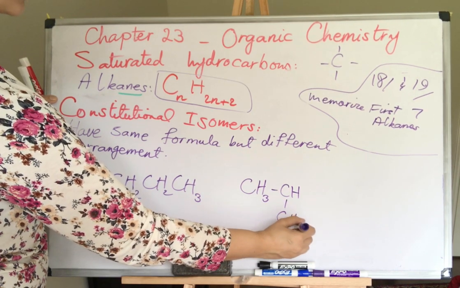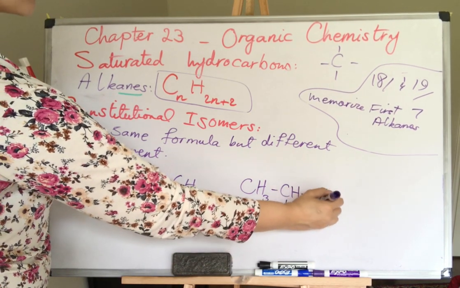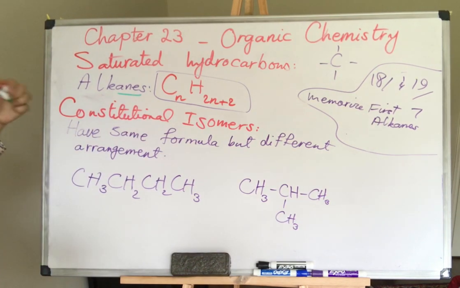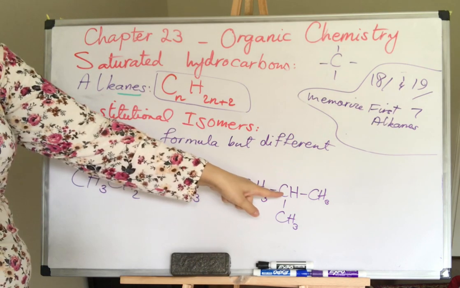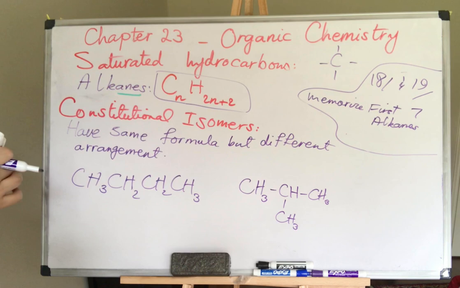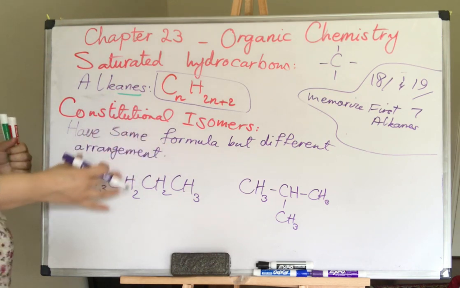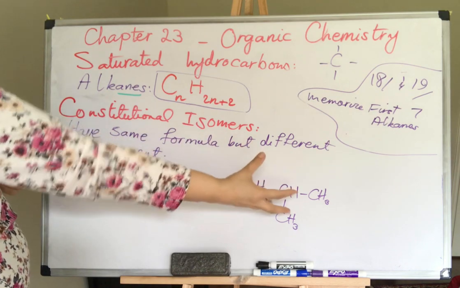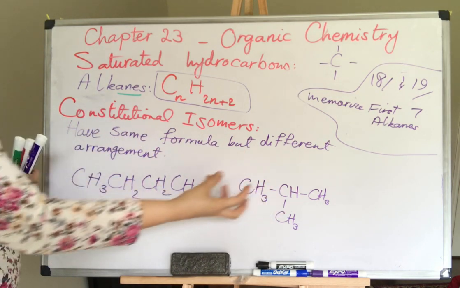In each case, you can examine it. Every single carbon has a complete octet, or 4 bonds. Even this carbon has 1, 2, 3 with carbons, and the fourth one is with the hydrogen. So let's find out if these two are constitutional isomers. They look different, meaning the arrangement is different.